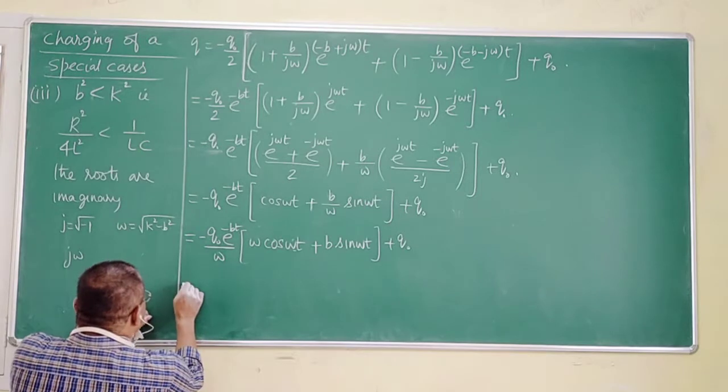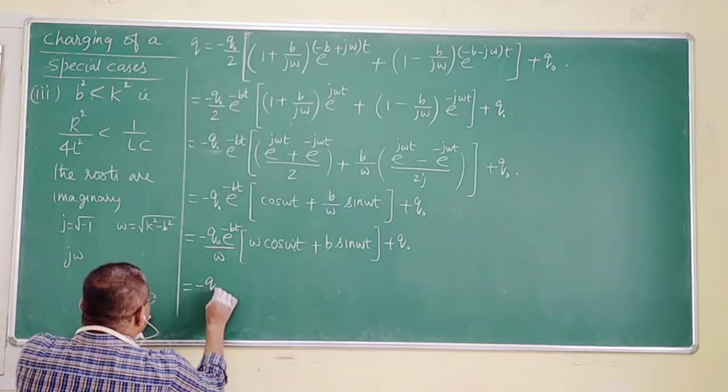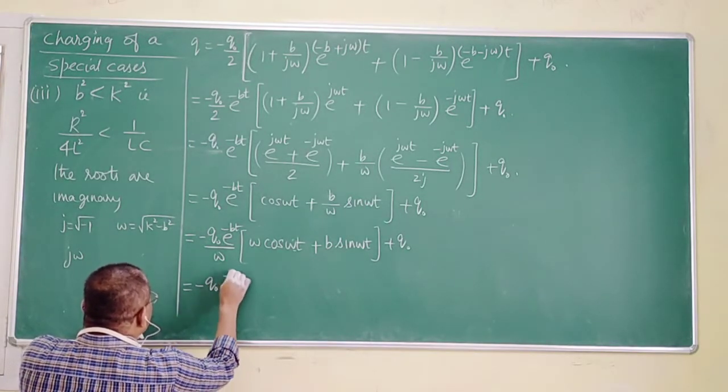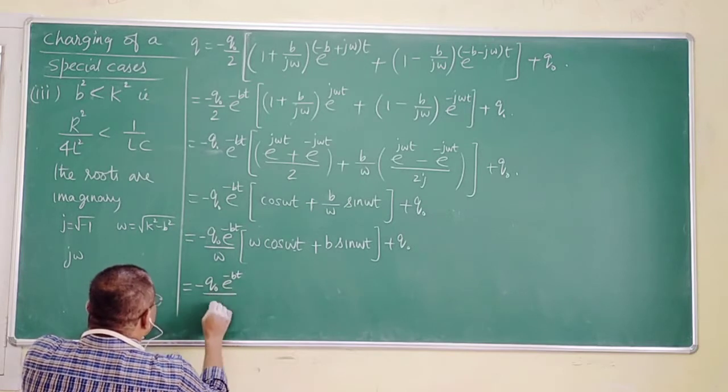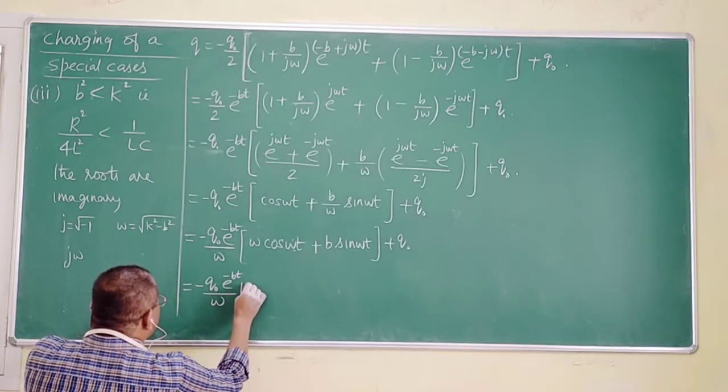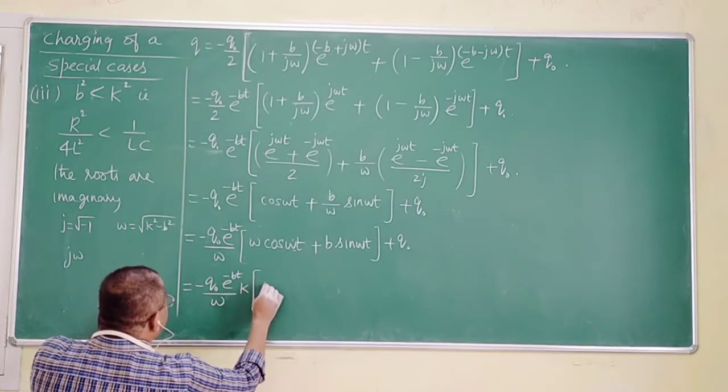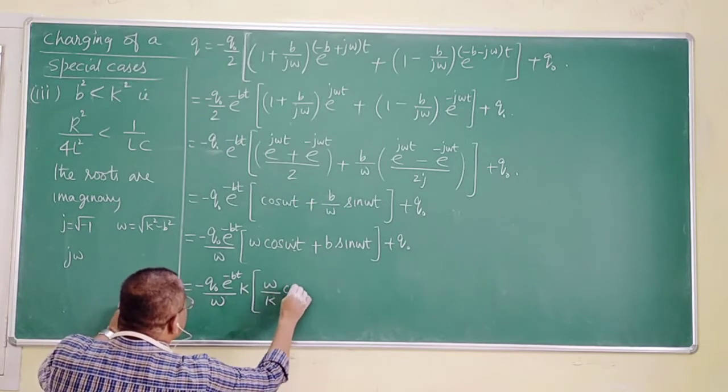Now I will write this as minus q naught e power minus bt upon omega. I am multiplying by k, dividing by k, value will not change.